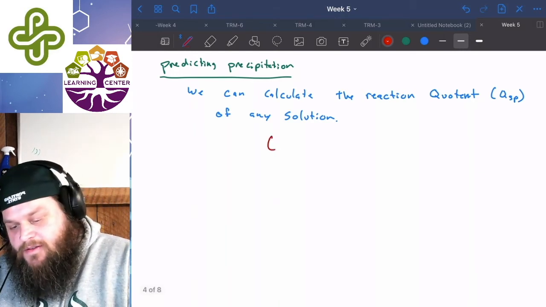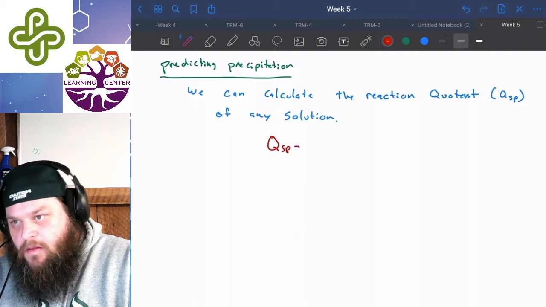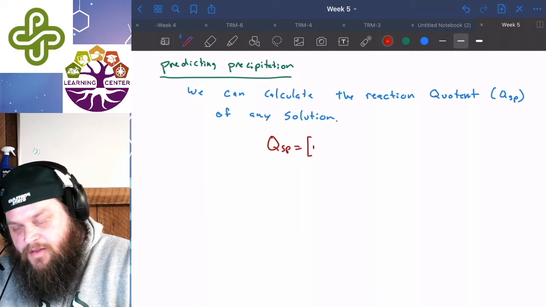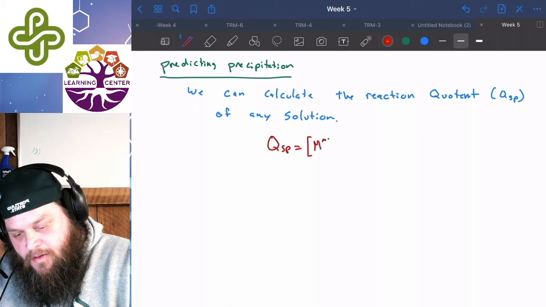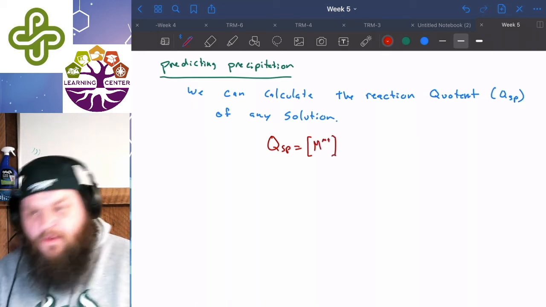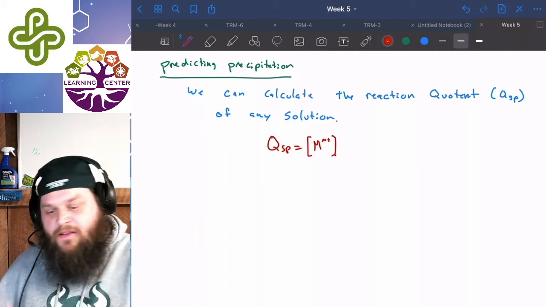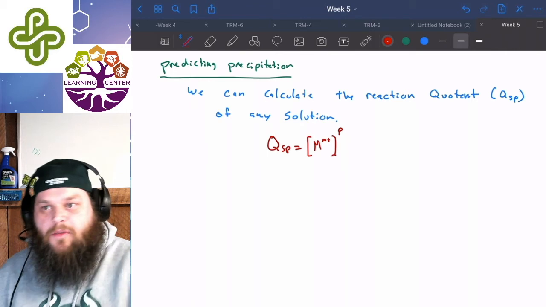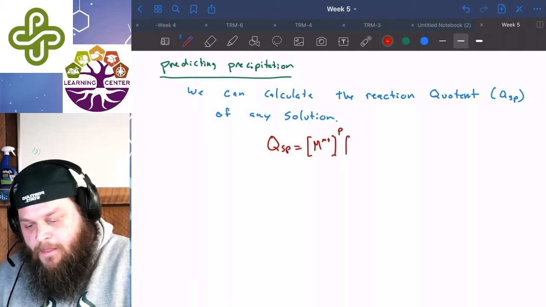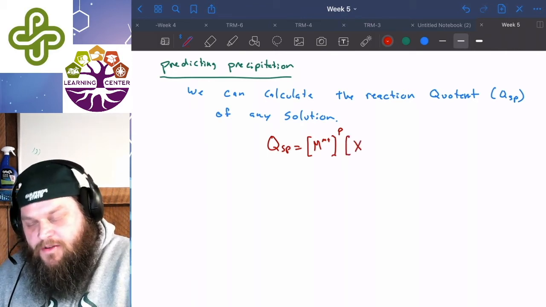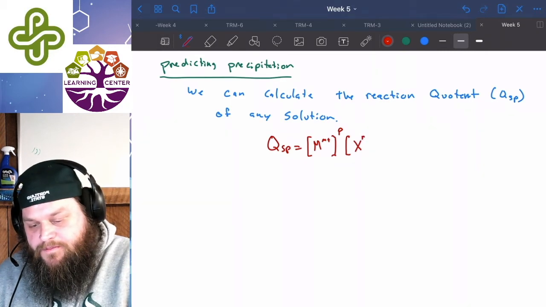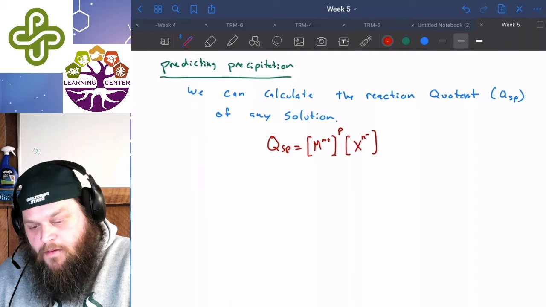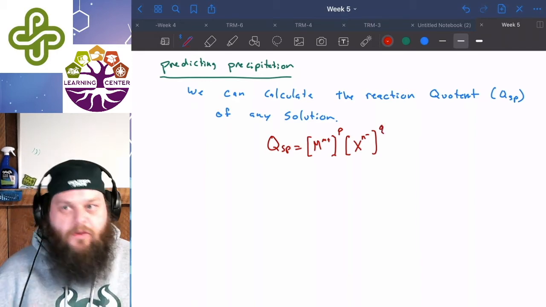In this case, we just call it QSP, which is equal, I'm going to just put it in the same form as we had before, capital M to the power of lowercase m plus. So that's whatever the positively charged ion is to the power of its stoichiometric coefficient, times the concentration of the anion to the power of whatever its stoichiometric ratio is.